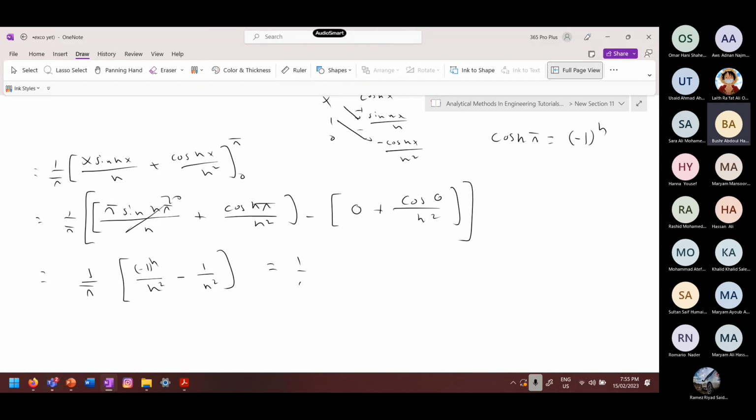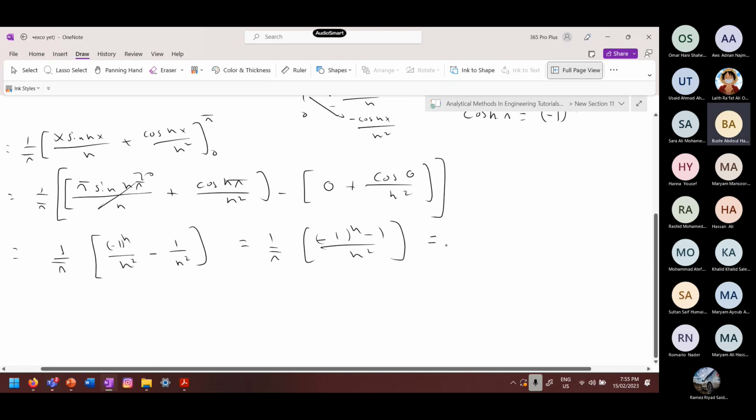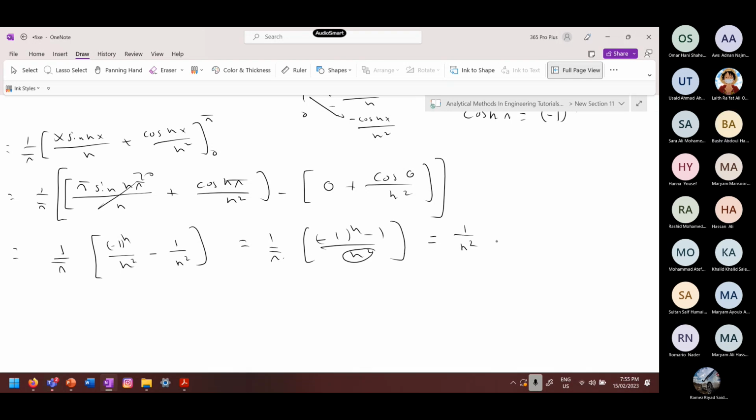It's the same 1 over pi, (-1) to the power n over n squared, minus 1 over n squared. To solve this correctly, you need to take the n squared outside, keep it with the pi, and (-1)^n minus 1.